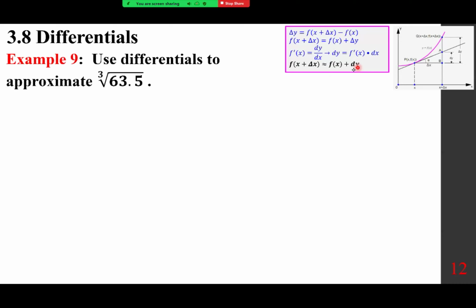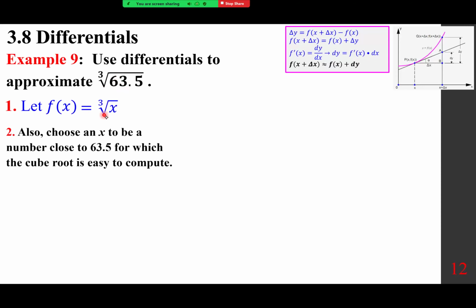So first and foremost, you need a function that represents this operation. What function do you think we should use? All you have to do is read this: cube root of 63.5. So f of x is cube root of x. Whatever the operation does, you do that.